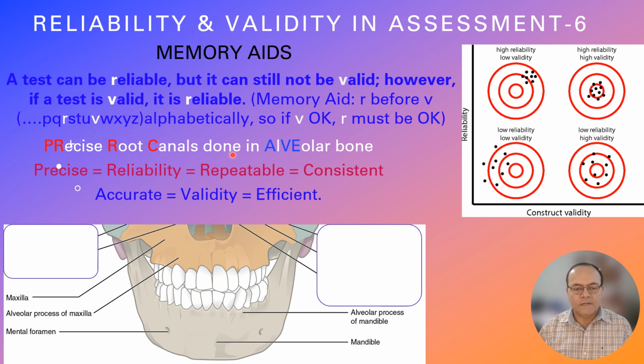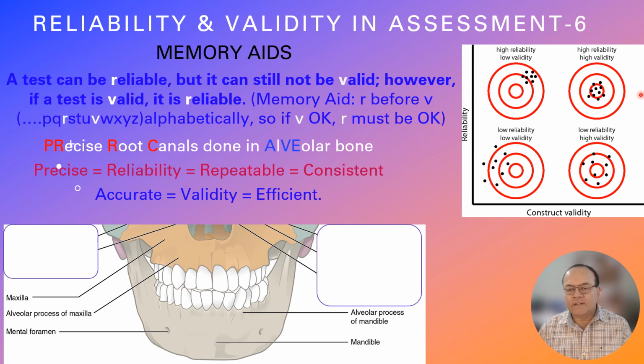These initial alphabets are describing reliability: precise, reliable, repeatable, consistent. And validity: accurate, valid, efficient. This is the alveolar bone. So precise root canals are done in the alveolar bone.